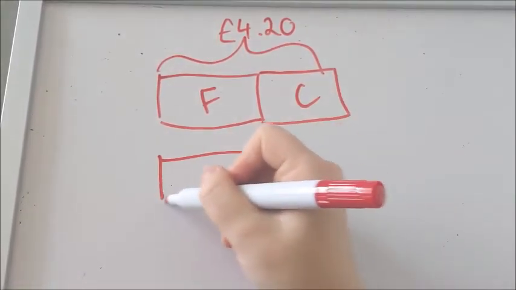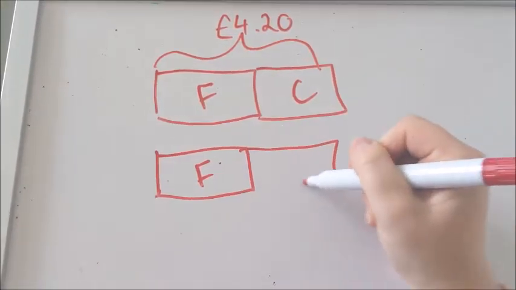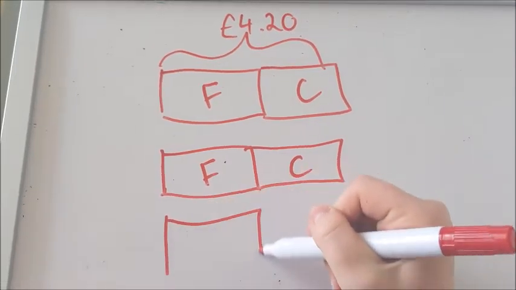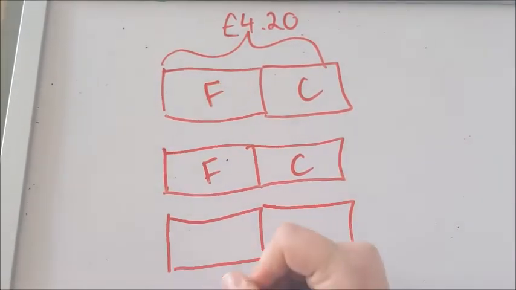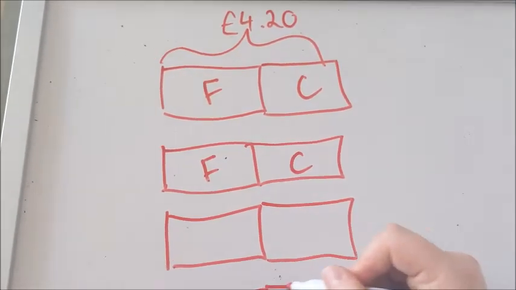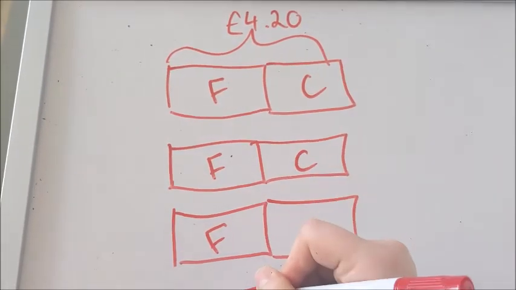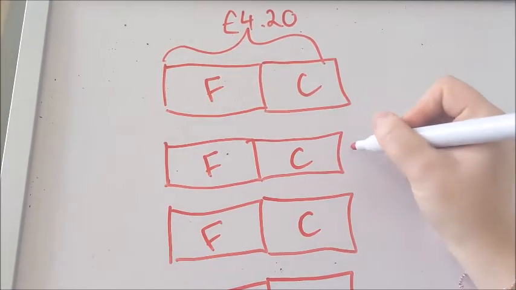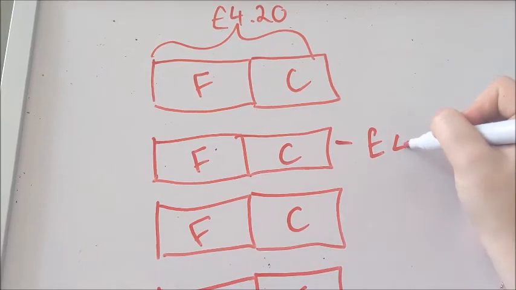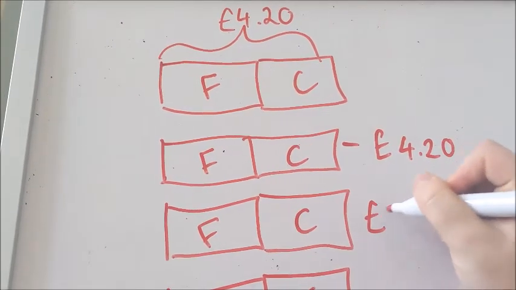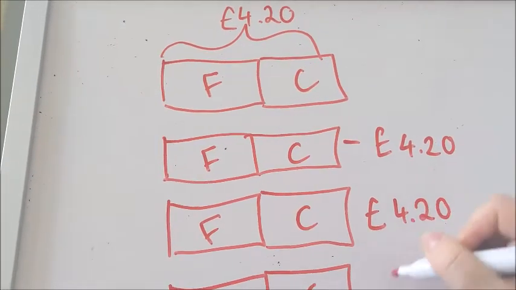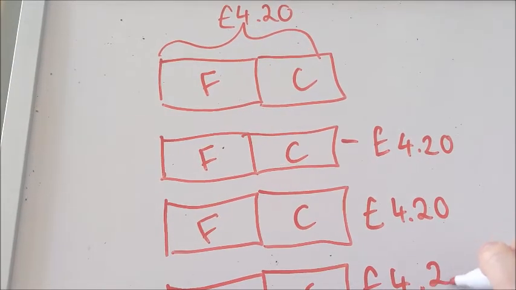So if we have our fish and our chips, the 3 fish and then 3 bags of chips together, what we can do is say that one's worth £4.20, that one is worth £4.20, and that one is worth £4.20.